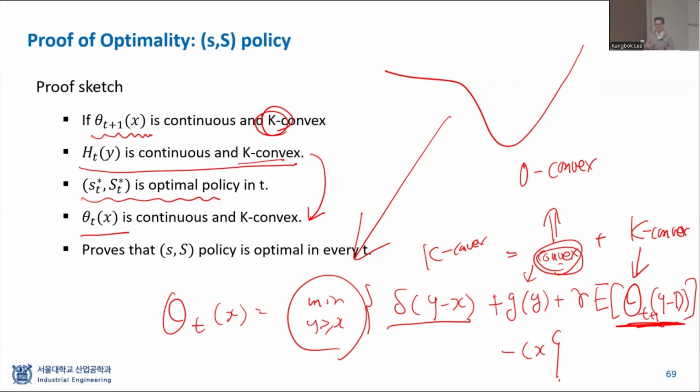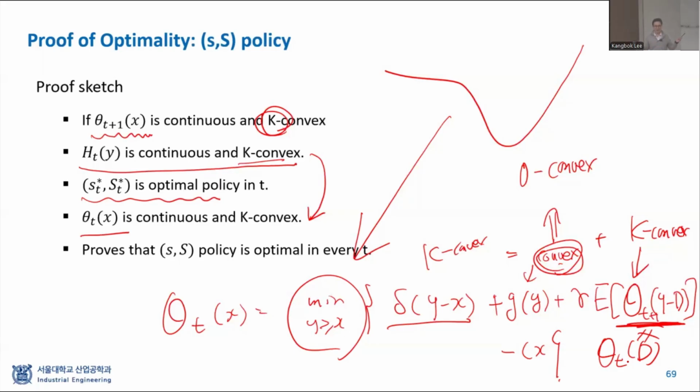By using this dynamic programming function, we have a specialized form, theta of y minus d, which is a bit more complicated than theta of d. If it's just theta of d, then the range of the random customer demand and the range of the space that we have to consider for the function would be the same.